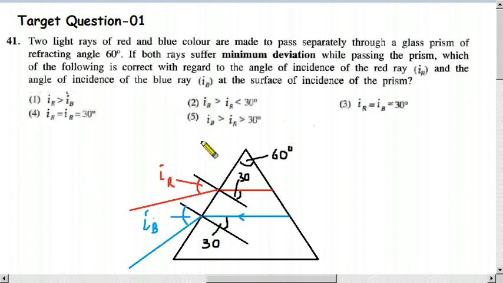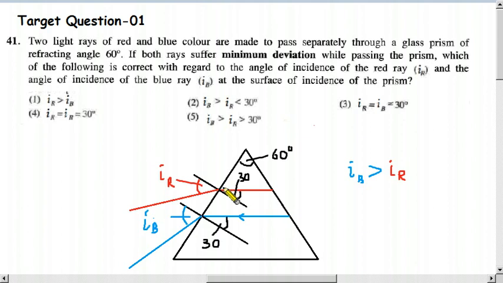So now we can write, first of all, the incident angle of blue color is greater than that of red, because you know red color bends a little bit, but the blue color has a higher angle.